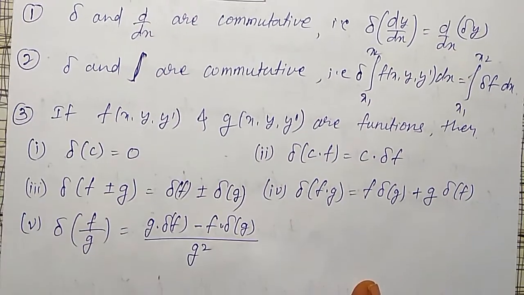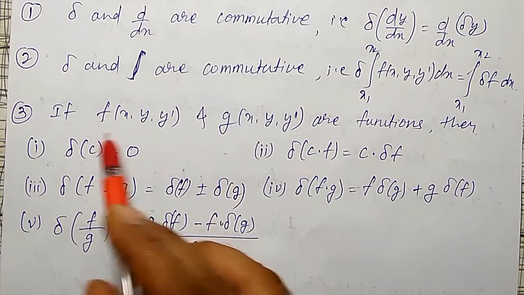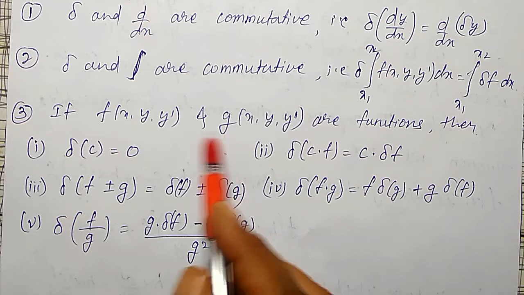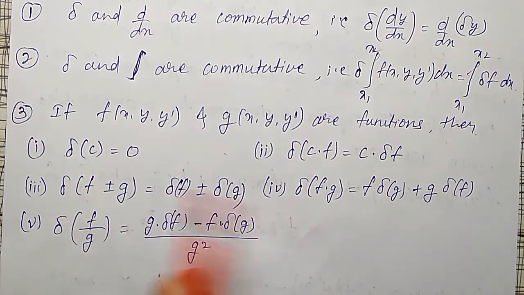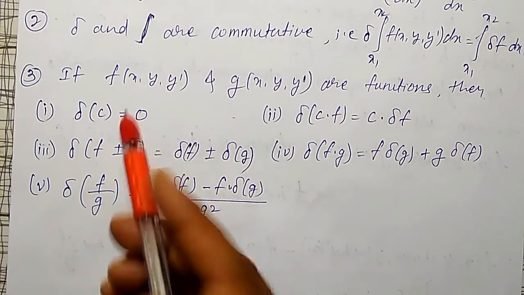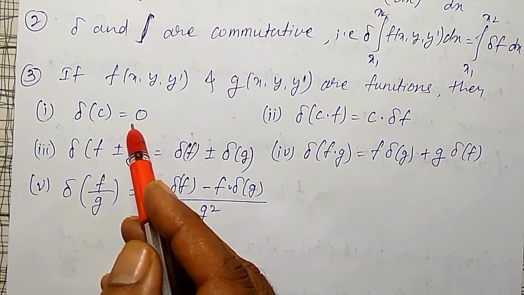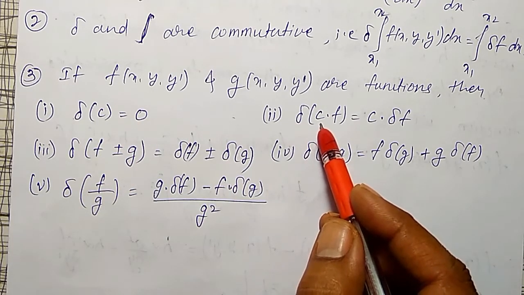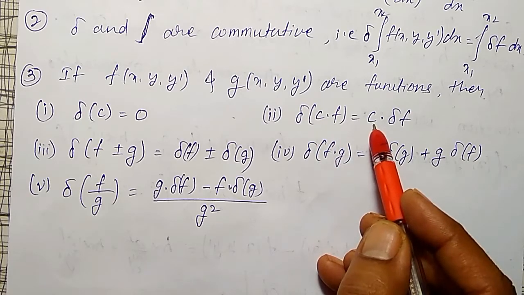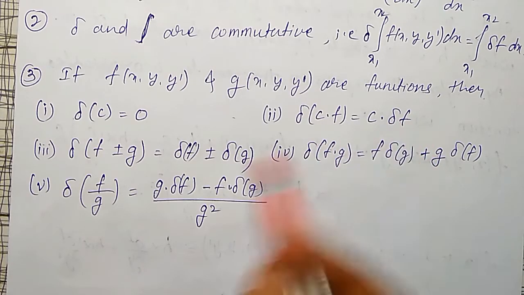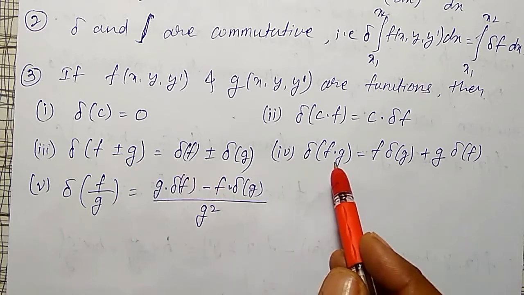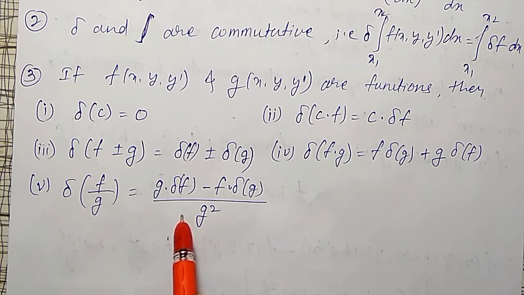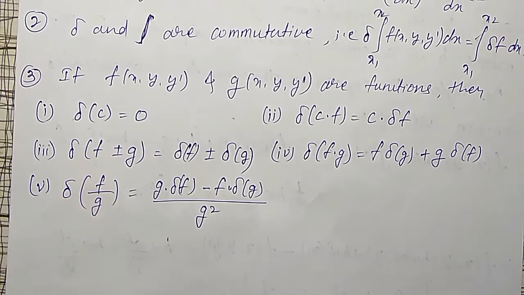If f and g are two functions of x, y, y dash, we can use these properties. If it is a constant, the variation is 0, and the variation of a constant times f is the constant times the variation of f. Addition, subtraction, multiplication and division all behave like derivatives. Now using this I will define the functional.